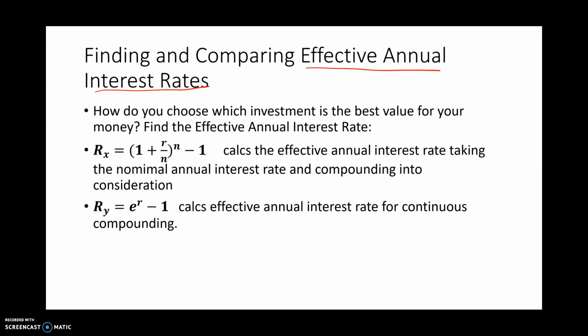How do you know which one's best? If one of them is compounded annually versus another one that's compounded maybe quarterly, how do you make it so you can compare them easily? So they have this effective, that means what am I actually getting annually? Effective annual interest rate.